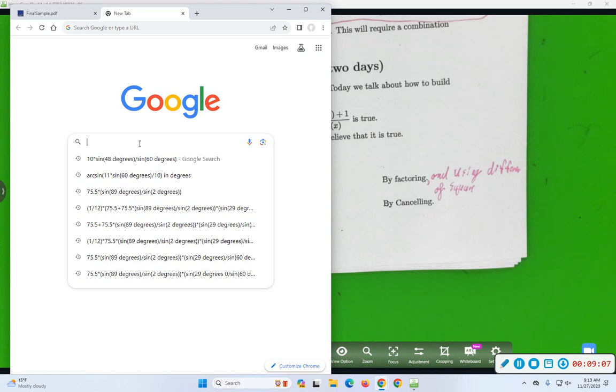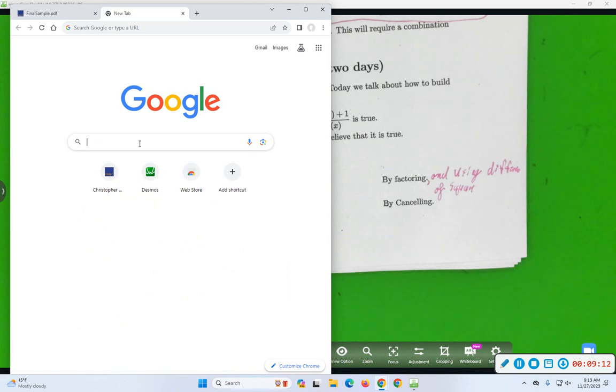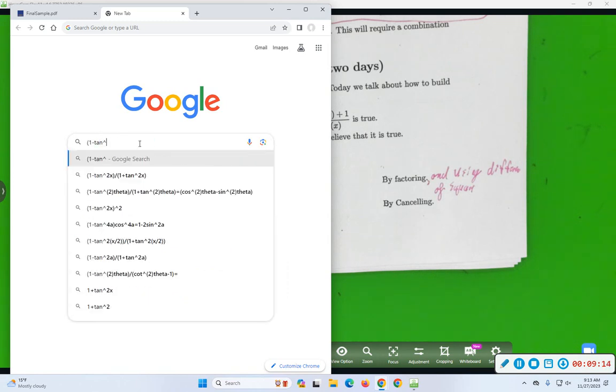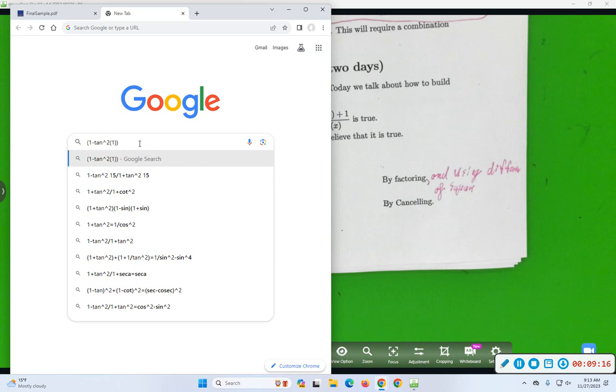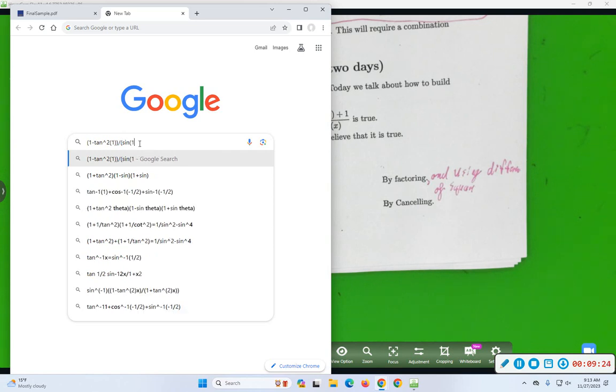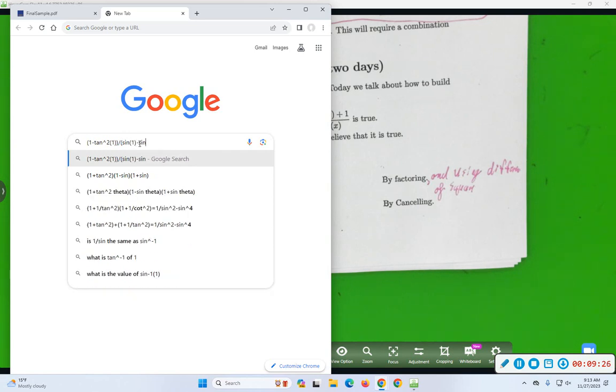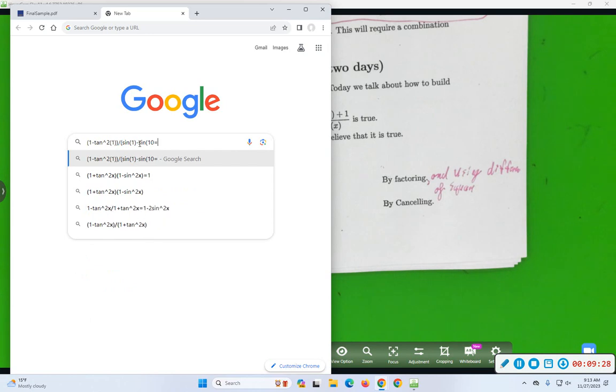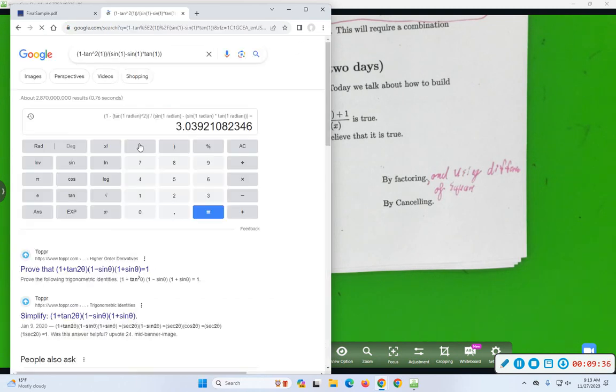Especially since we're using a calculator, who cares if it's something that we can't compute by hand. 1 minus, parentheses now, 1 minus tangent squared of 1, divided by sine of 1 minus sine of 1 times tangent of 1. This will give us some output value, 3.03-ish, and now let's plug it into the other side too.